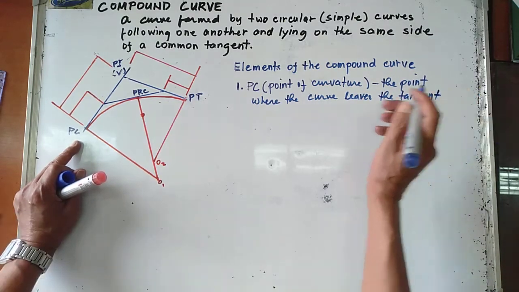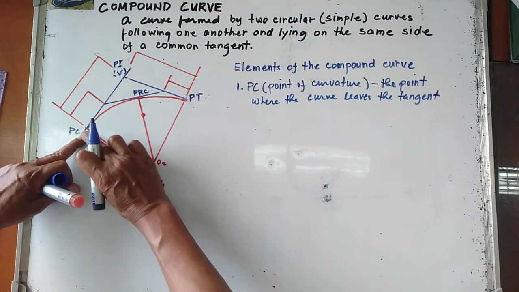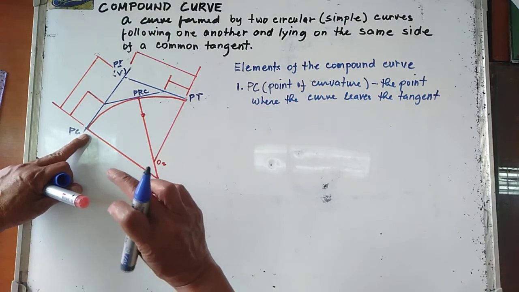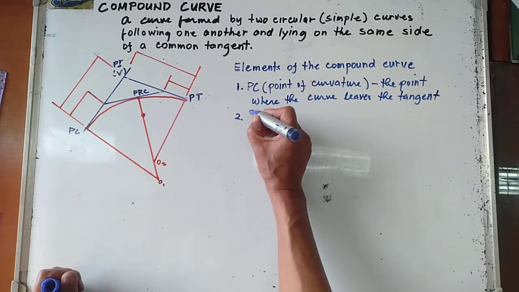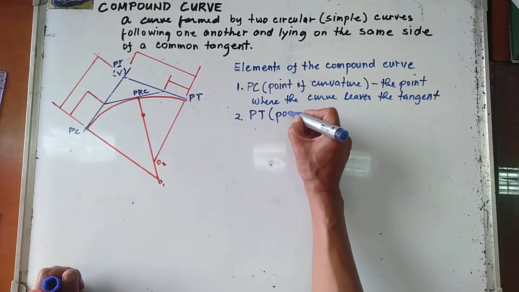If you look at the figure, this is the point where the first circular curve leaves the tangent.